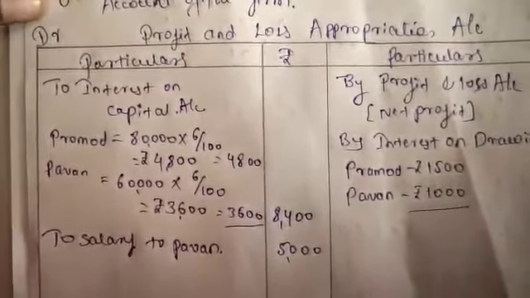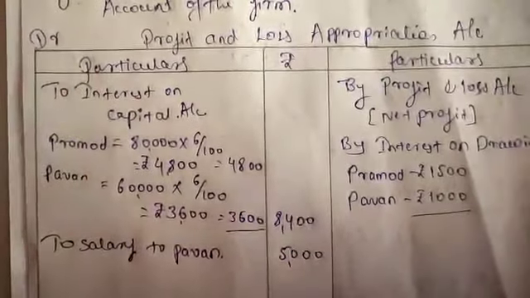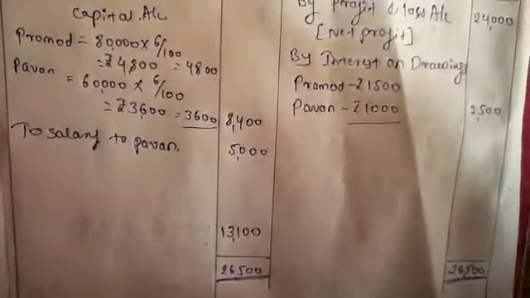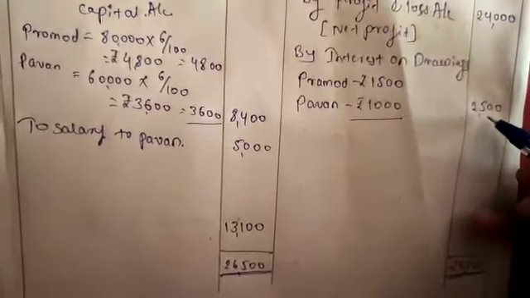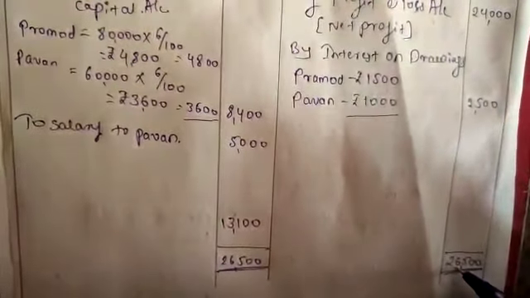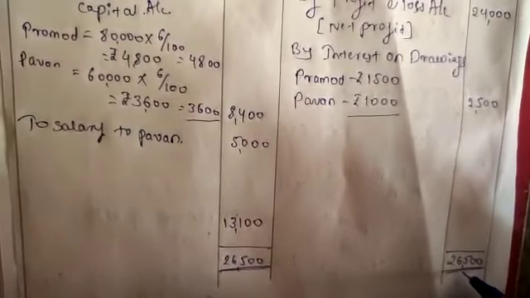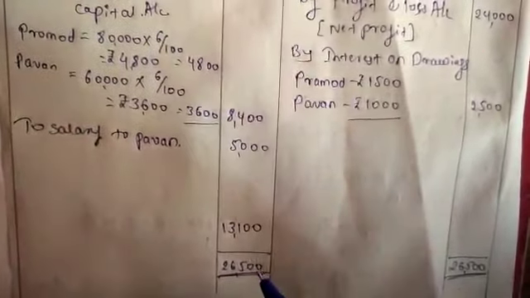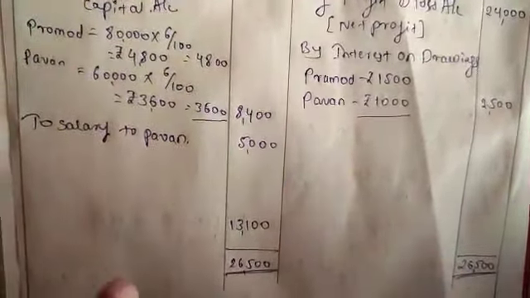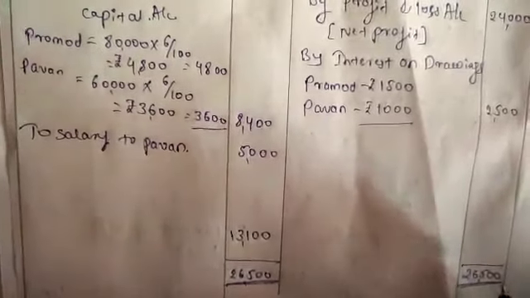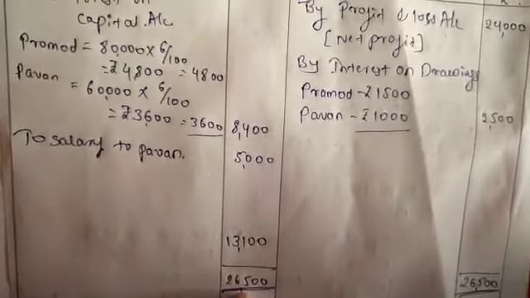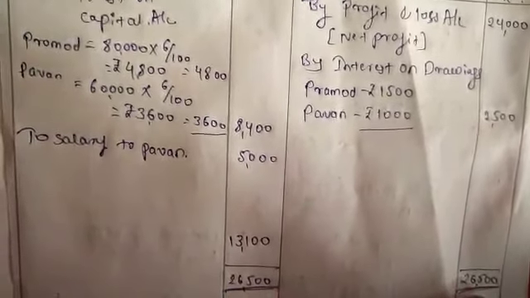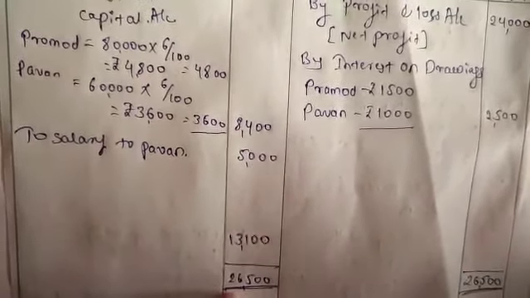So now close the accounts. 24,000 plus 2,500, 26,500. The credit side is more than the debit side, so the difference goes on the debit side. Now make the total and put the same amount on both sides: here also 26,500 and here also 26,500.